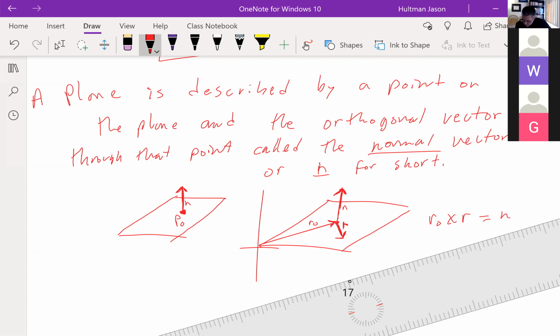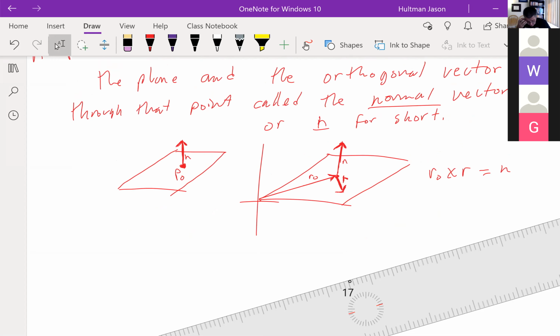Now, what's the dot product from a vector to a normal vector? Anybody remember? 0. Yeah, it's 0, exactly. It's 90 degrees, right? What's the cosine of 90 degrees?